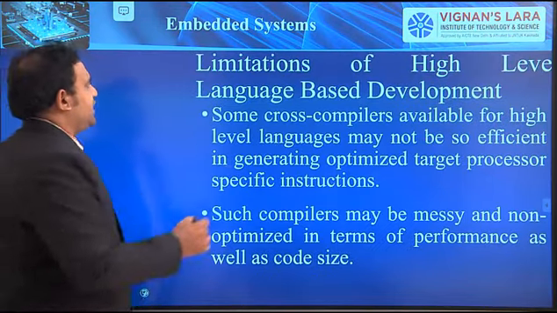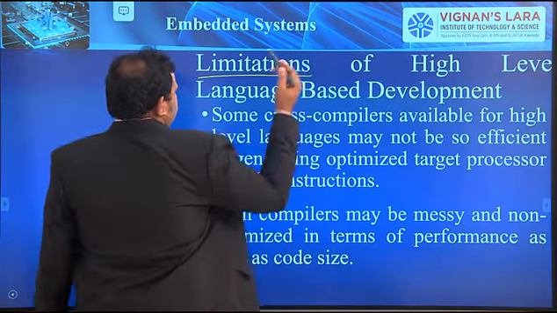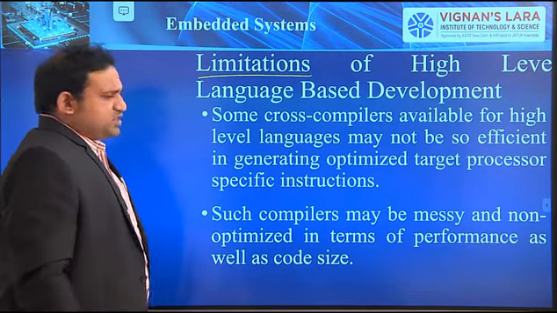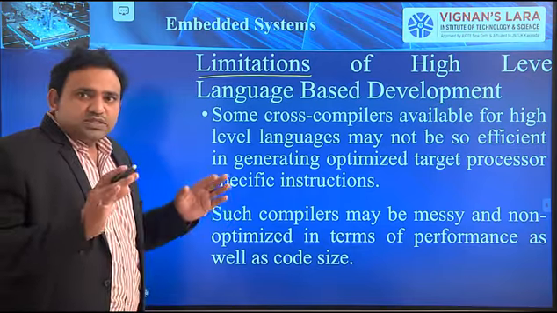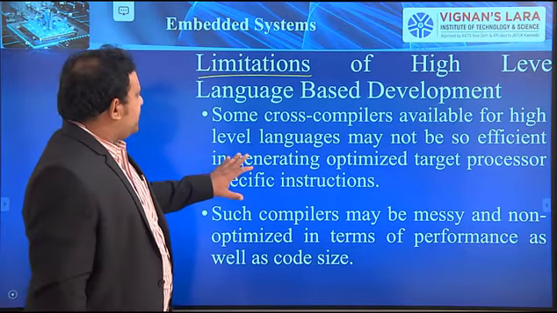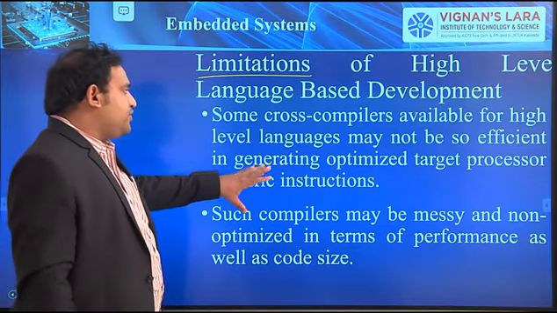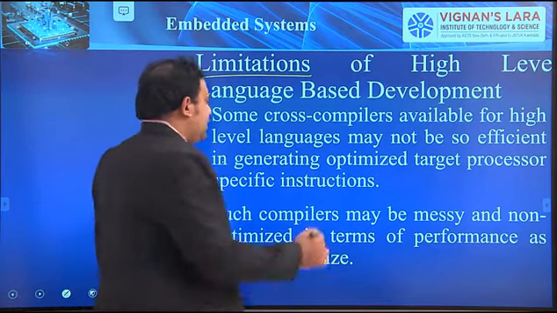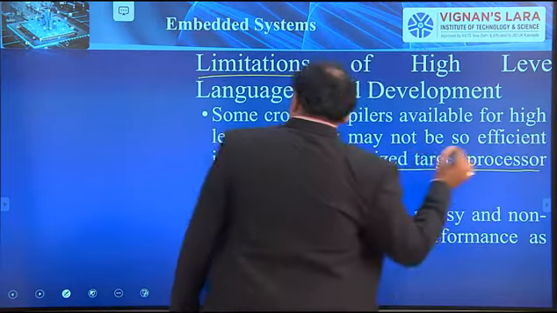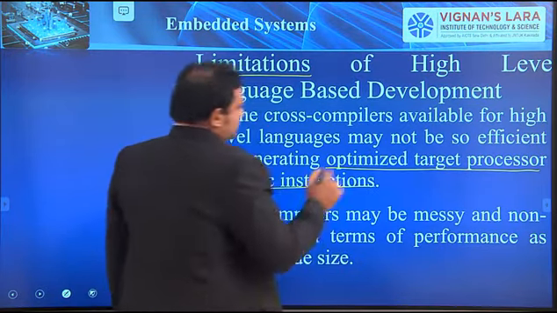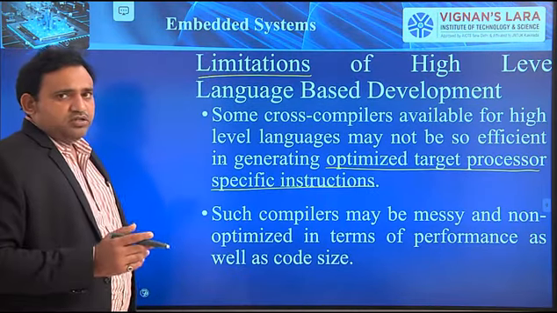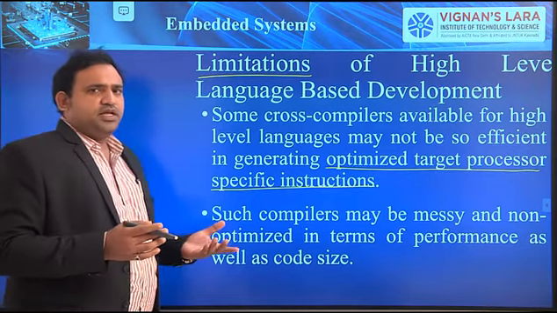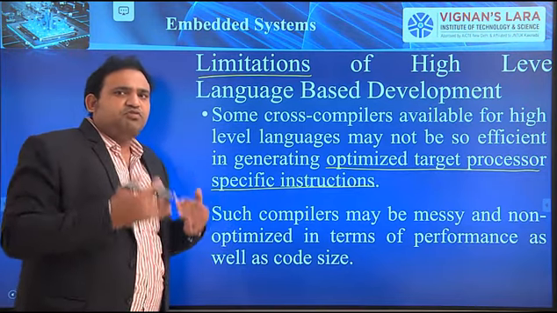Next one, what are the limitations of high-level language-based development? Some cross-compilers, not all, some cross-compilers available for high-level languages may not be so efficient in generating optimized target processor specific instructions. Some cross compilers are available in the respective software tool.